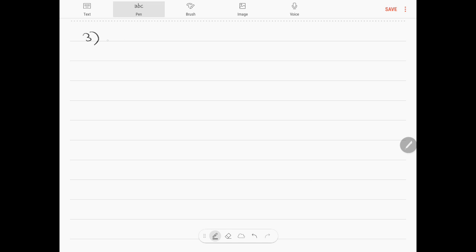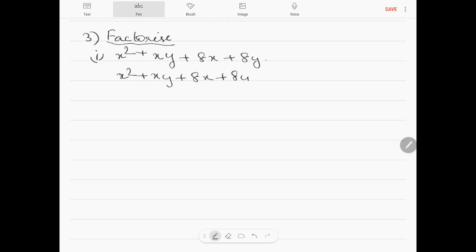Problem number 1, factorize x squared plus xy plus 8x plus 8y. Now in this, from these two terms we can take x in common, and the remaining term will be x plus y, plus here we can take 8 in common, the remaining terms will be x plus y.